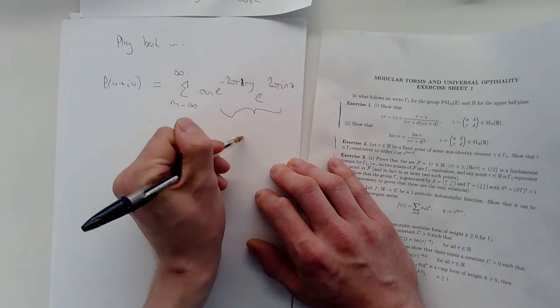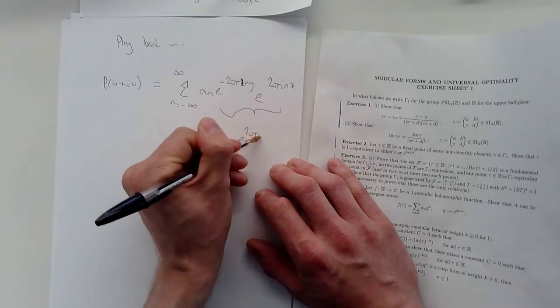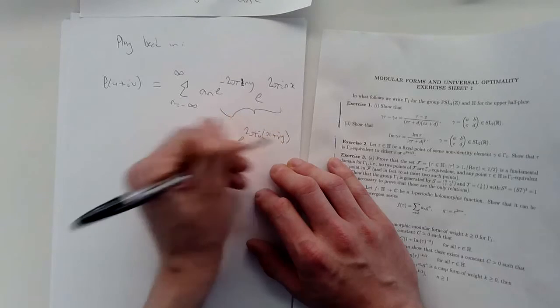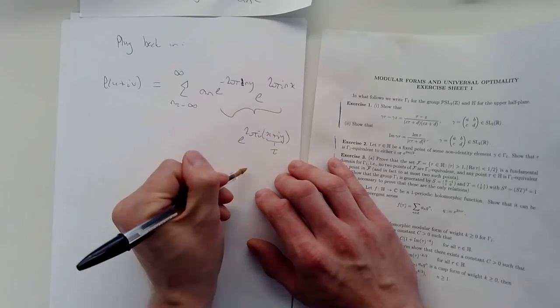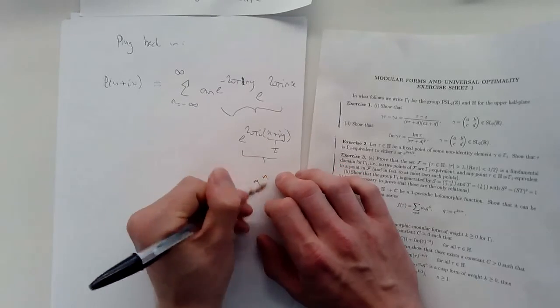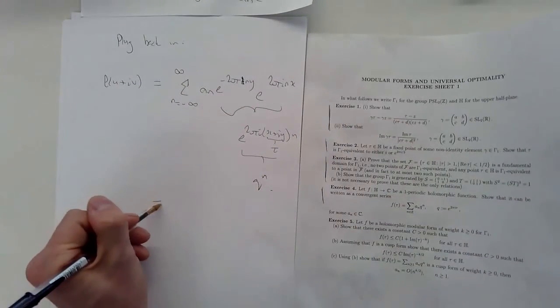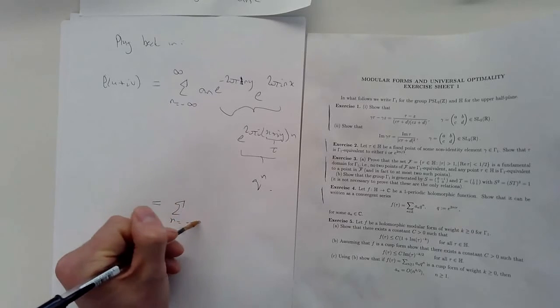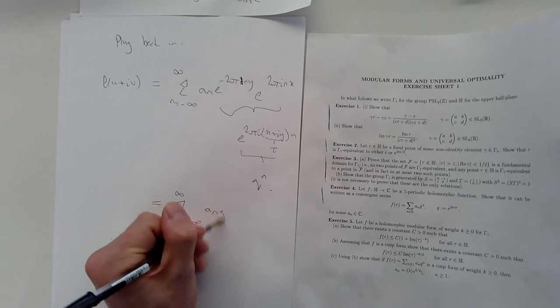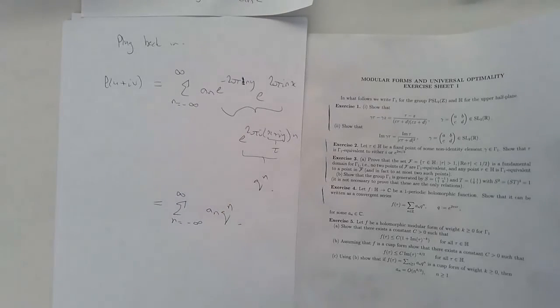And then this bit you just rewrite as e to the 2 pi i x plus i y, which was tau, and then this is q to the n. This gives you another way of seeing that this one periodic function has to have the claimed Fourier series.